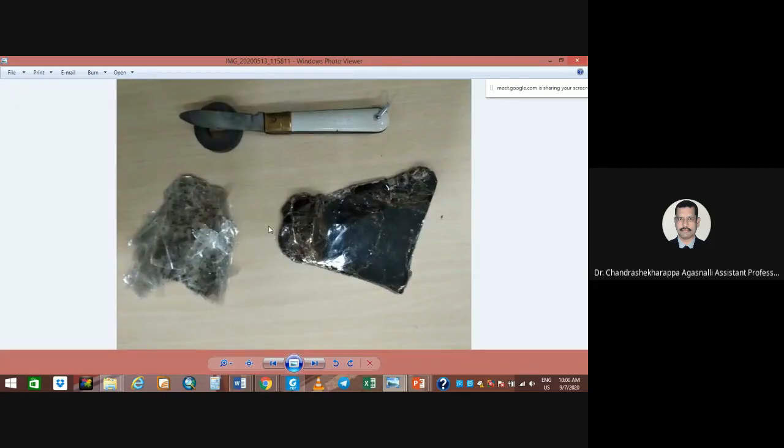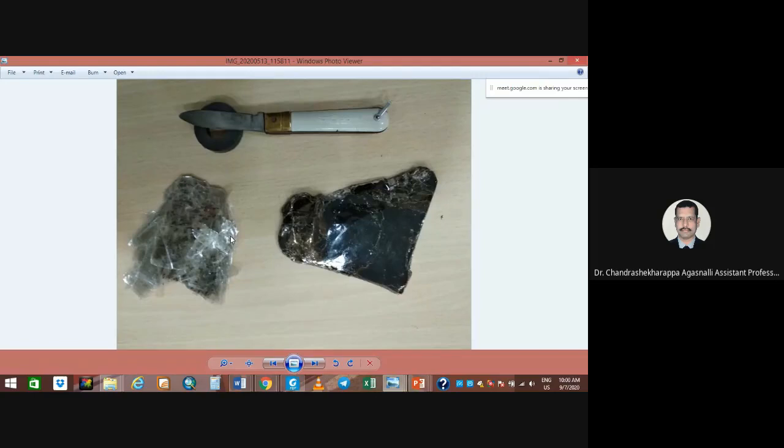Generally, we use this mica for electrical industries because of high heat resistance. We use this mica in the iron box. Generally, you see that when you open the iron box, there is one layer called the mica layer, because the power is not directly connected to the bottom plate of your iron box.